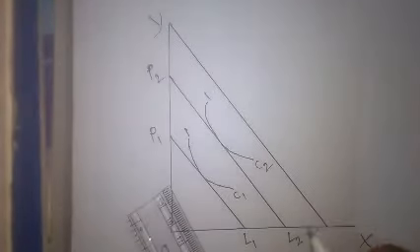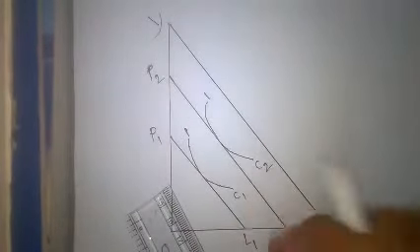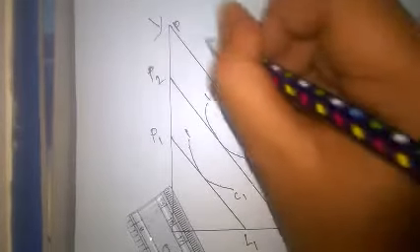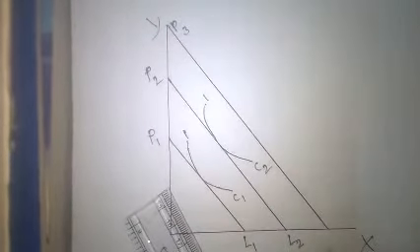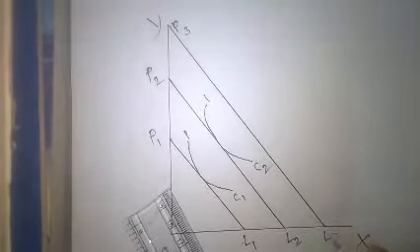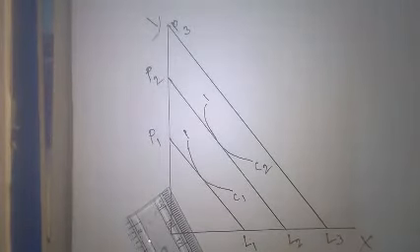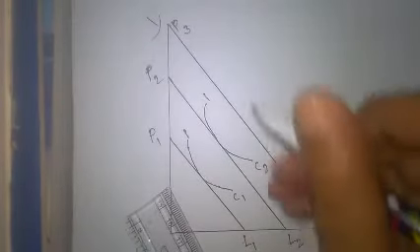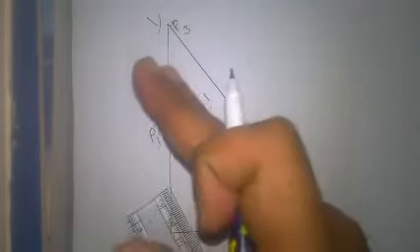Okay, so this is our third budget line, which is definitely P3L3, which means price line 3. So the consumer budget line has increased and become P3L3.